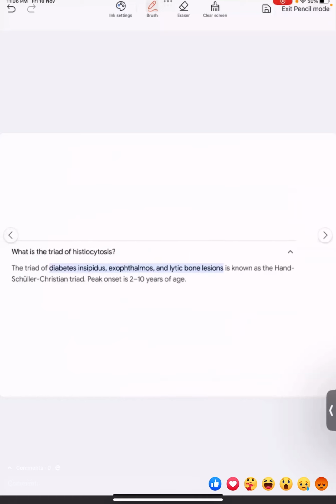When there is uncontrolled production of these histiocytes, it is going to produce histiocytosis. There is always a triad for making a diagnosis of histiocytosis. What is that? You have diabetes insipidus, you may have exophthalmos, and you have lytic bone lesion. So it means lytic bone lesion is essential to make a diagnosis of histiocytosis.